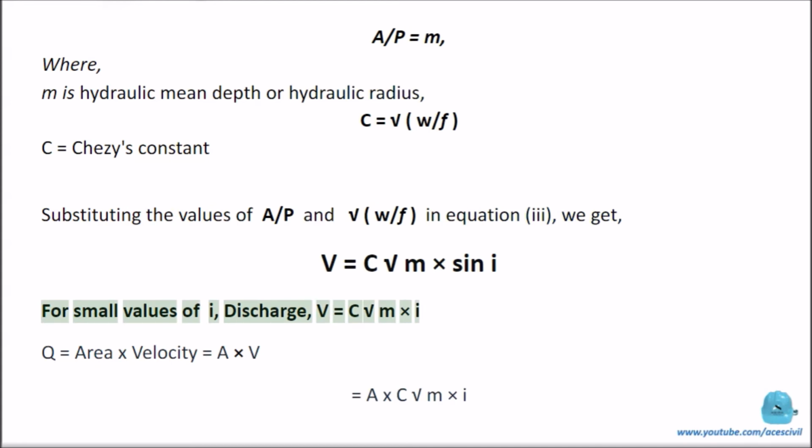For small values of i, V equals C times square root of m times i. Discharge Q equals area times velocity equals A times V, equals A times C times square root of m times i.